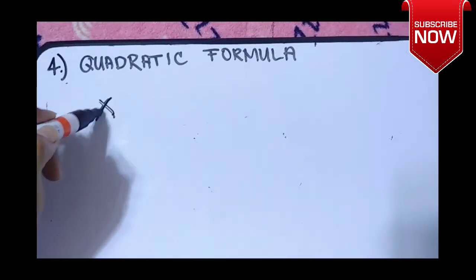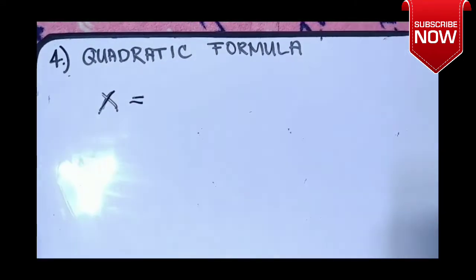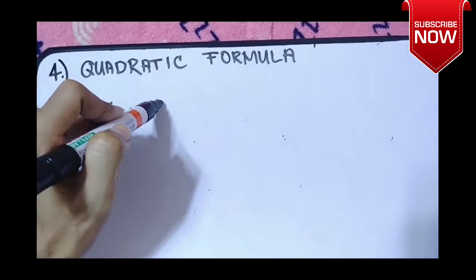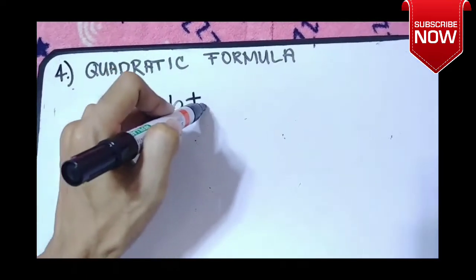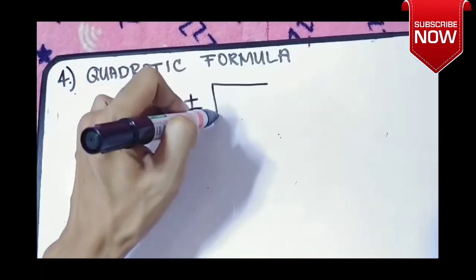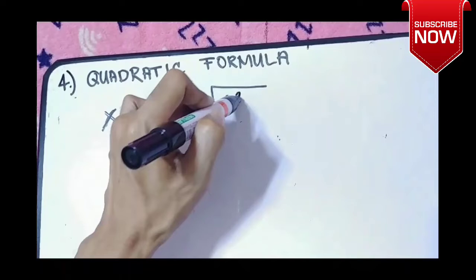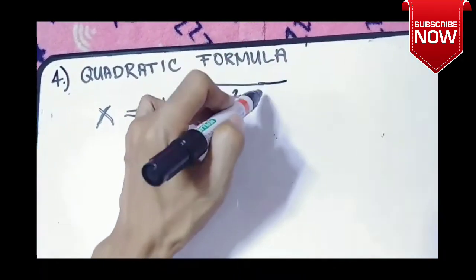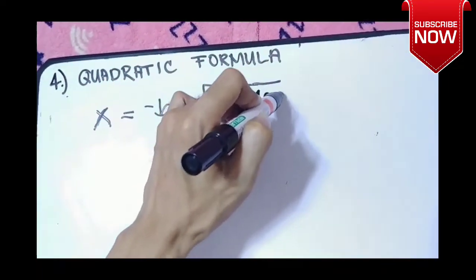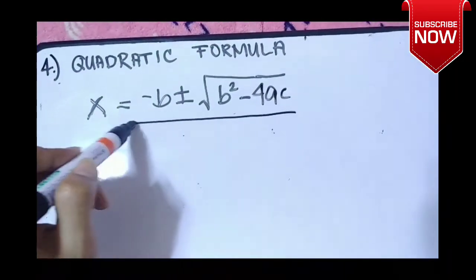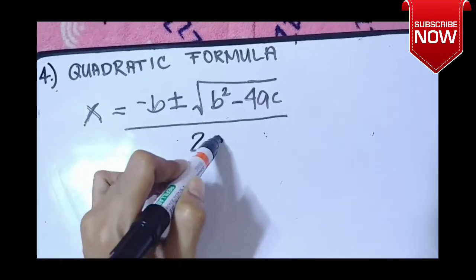Ang quadratic formula ay ang nakasanayan natin nung high school na x is equal to negative b plus or minus square root of b squared minus 4ac all over 2a.